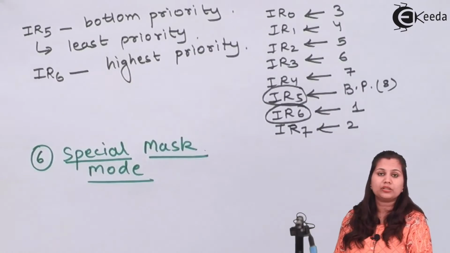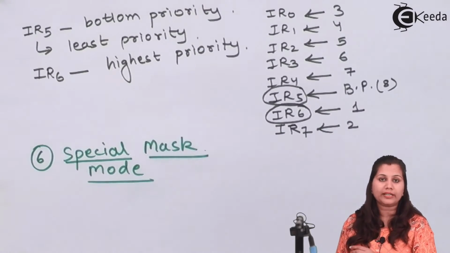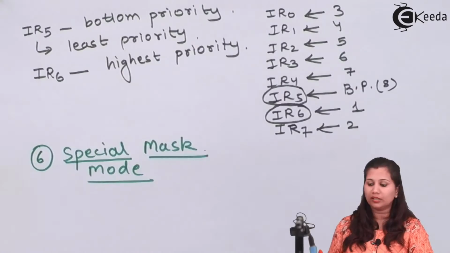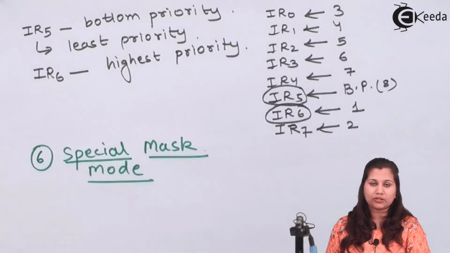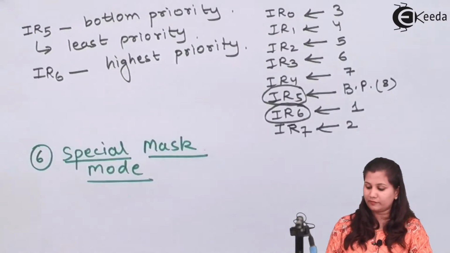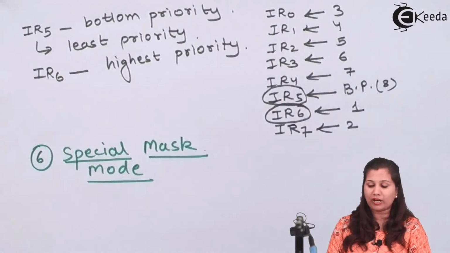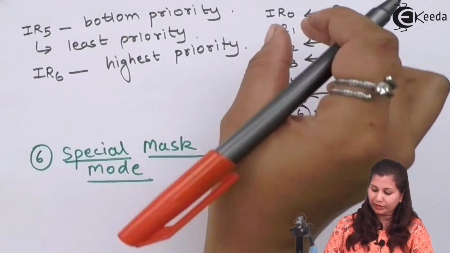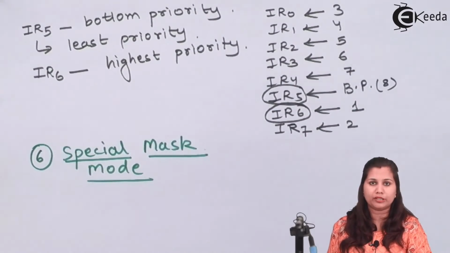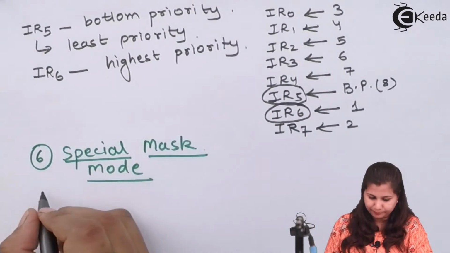Now in the operational command word first, we have 8 bits, and those 8 bits decide the mask bits of the 8 interrupt requests. So for IR0 we have IM0, for IR1 we have IM1. So for every interrupt request we have a mask bit in the operational command word first, that is OCW1.